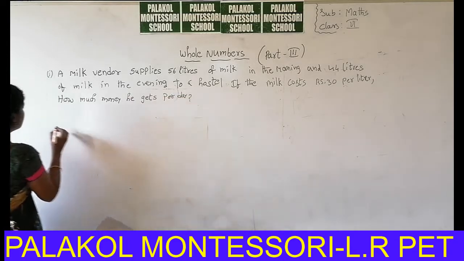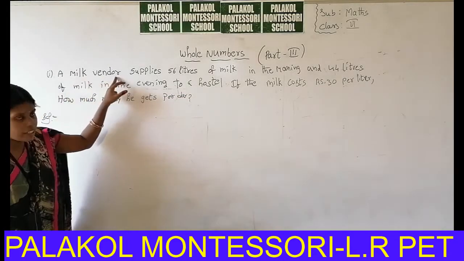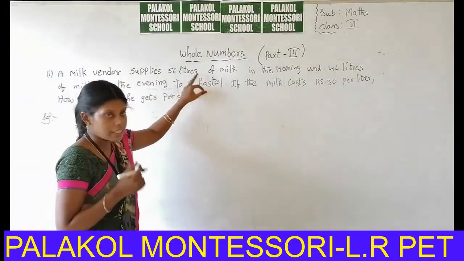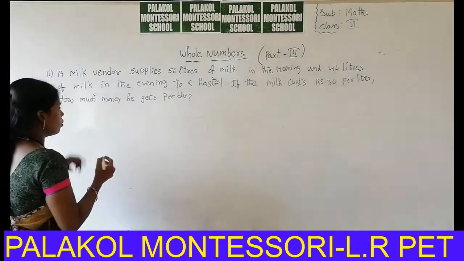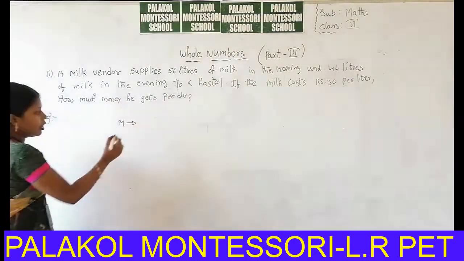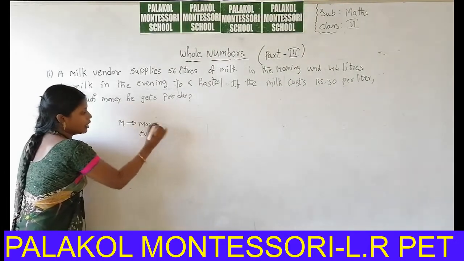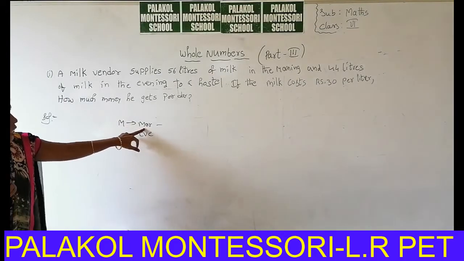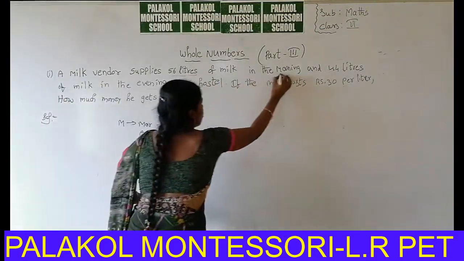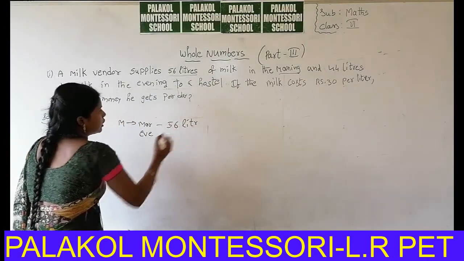So in this problem it is very easy. A milk vendor supplies 56 liters of milk in the morning. So one milk vendor is there, he supplies milk morning and evening. How much milk does he supply in the morning? 56 liters in the morning.